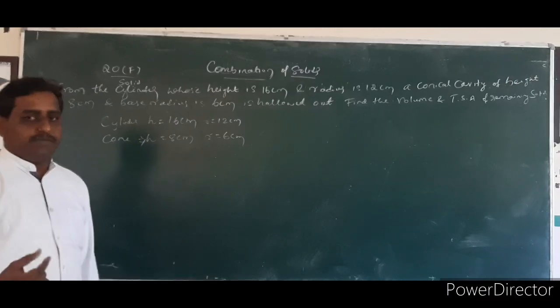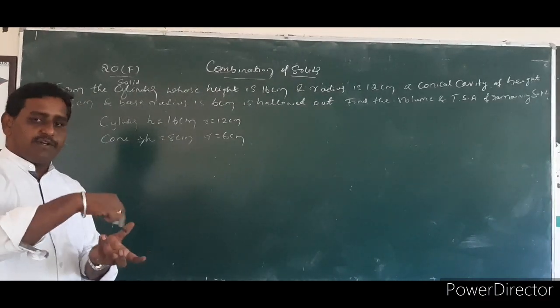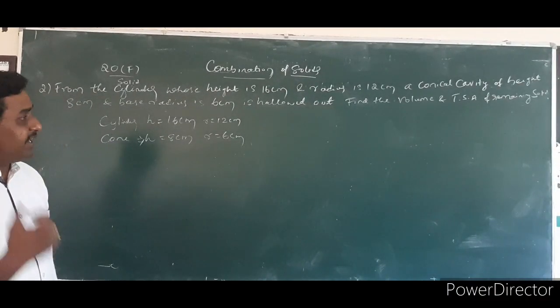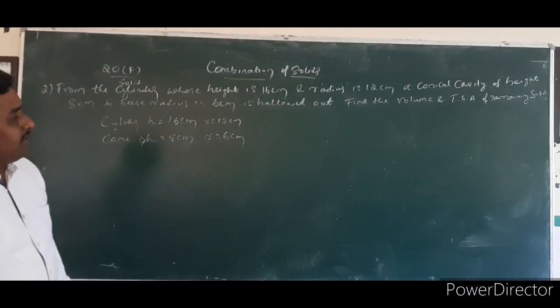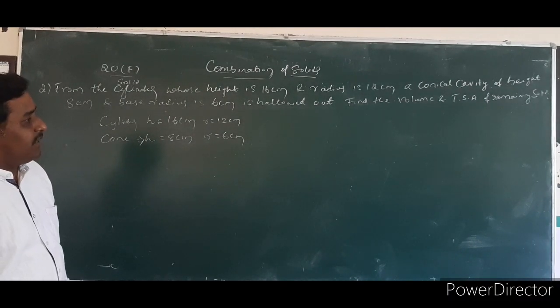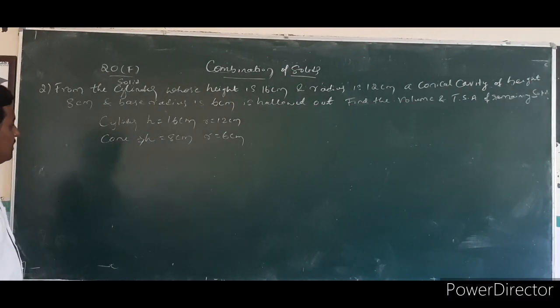Means if you cut this cone part, cut it and take it out. So find the volume and the total surface area of the remaining solid.